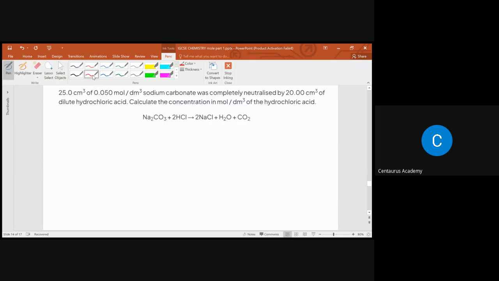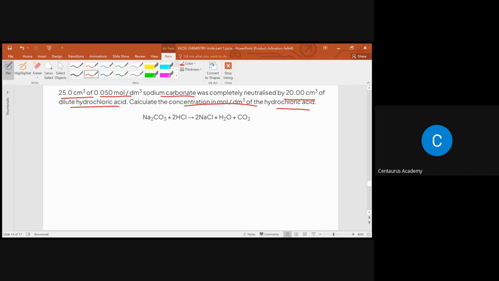Look at this one. You have 25 centimeter cube, a known volume and a known concentration of sodium carbonate, which is completely neutralized by 20 centimeter cube of dilute hydrochloric acid. So the acid's volume is known to you. Calculate the concentration in moles per decimeter cube of hydrochloric acid. You have to find out the concentration of hydrochloric acid in moles per decimeter cube.